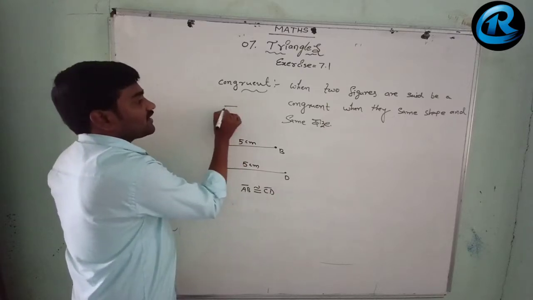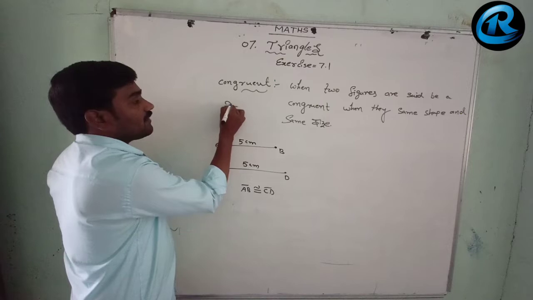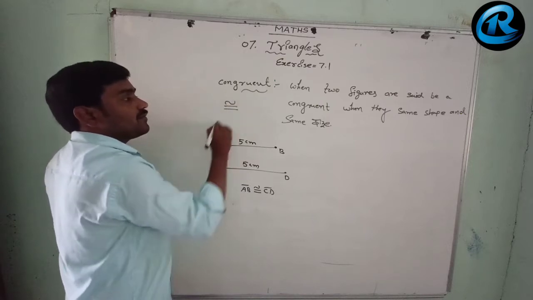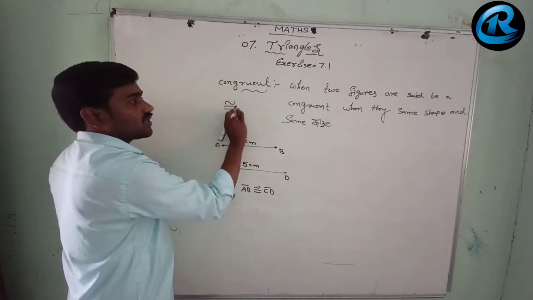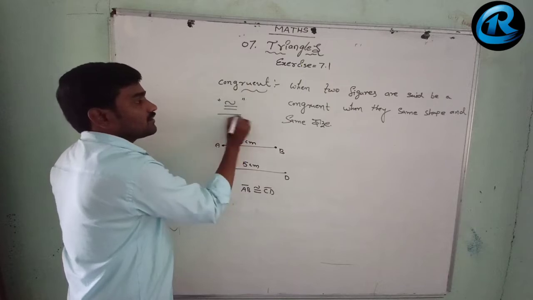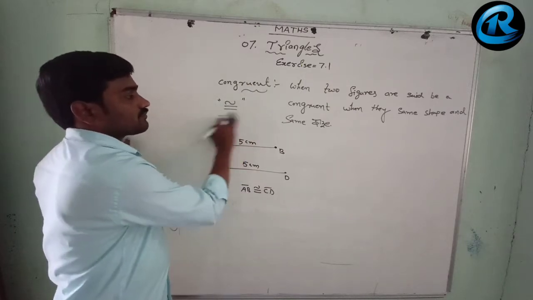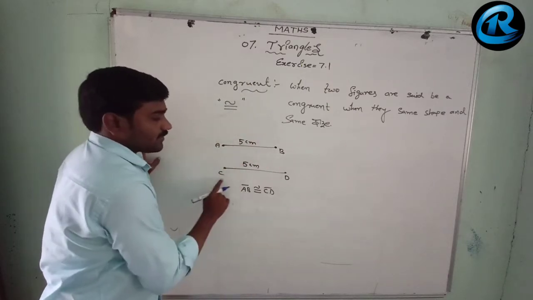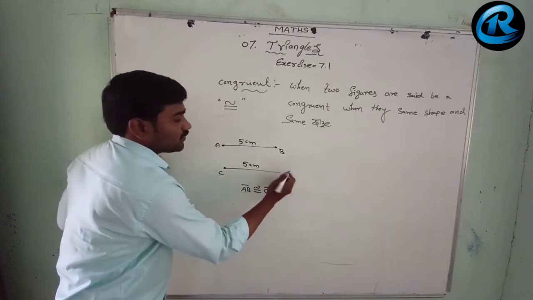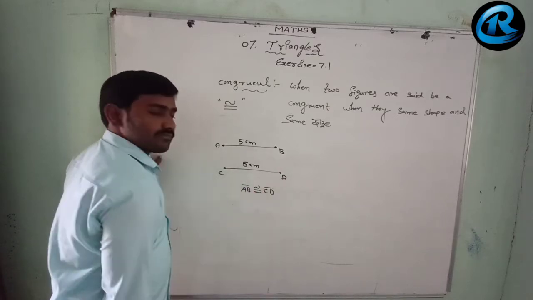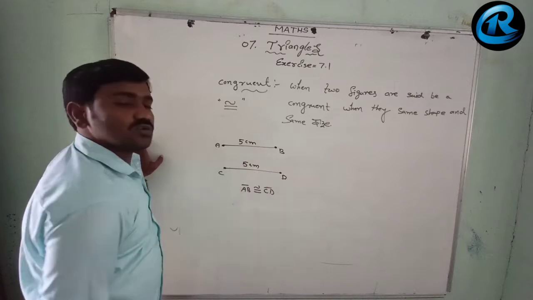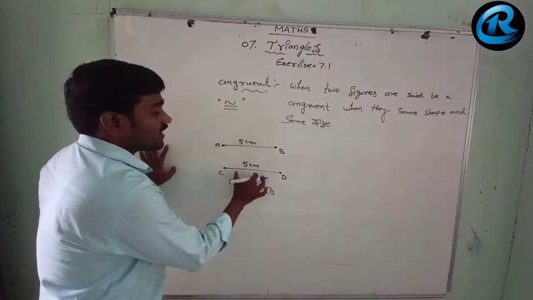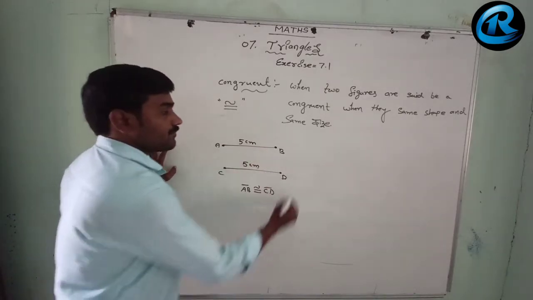The symbol of congruent is an equal sign with a reverse of S on top, like this. AB line segment is congruent to CD line segment because the lengths of the two line segments are equal.